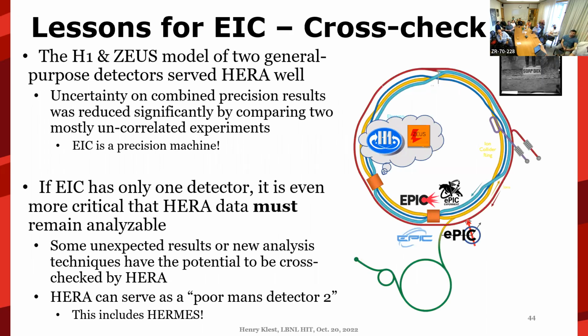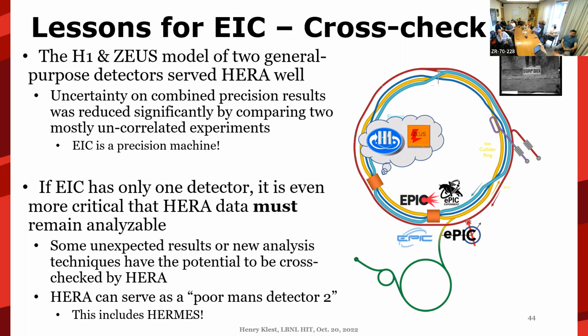One last comment is that the H1 and ZEUS model really served HERA very well. By combining results from two different experiments, you could reach significantly more precise results than having one single detector alone.